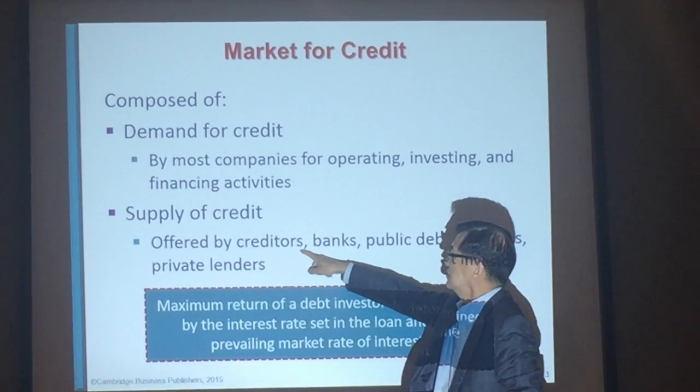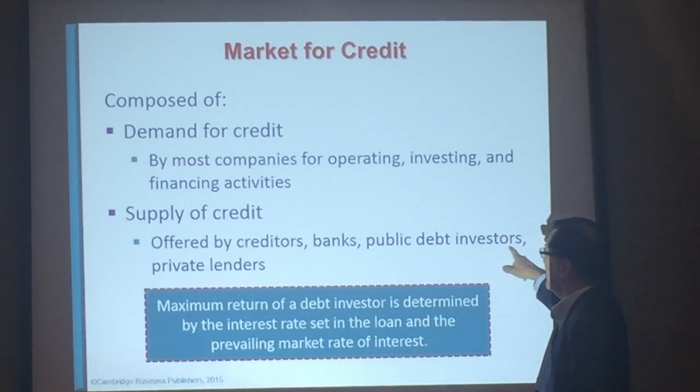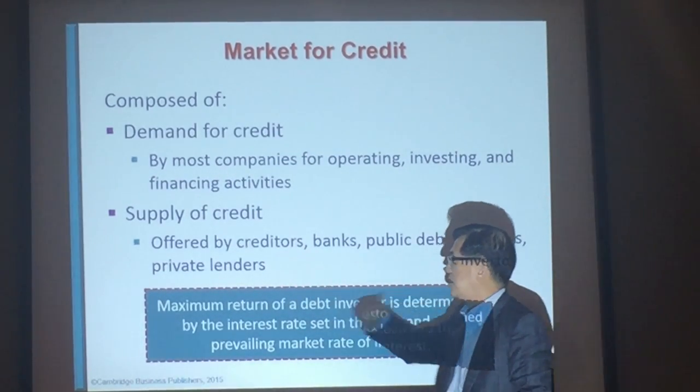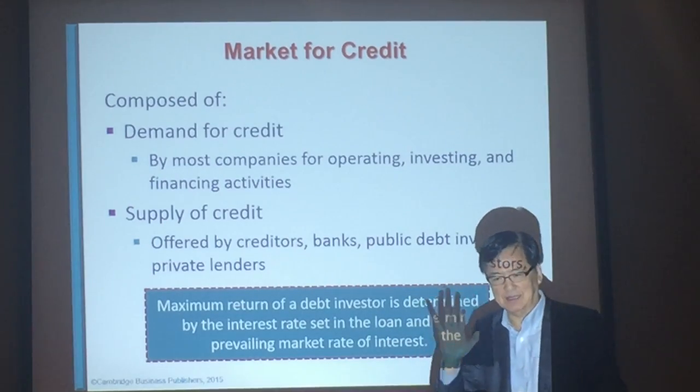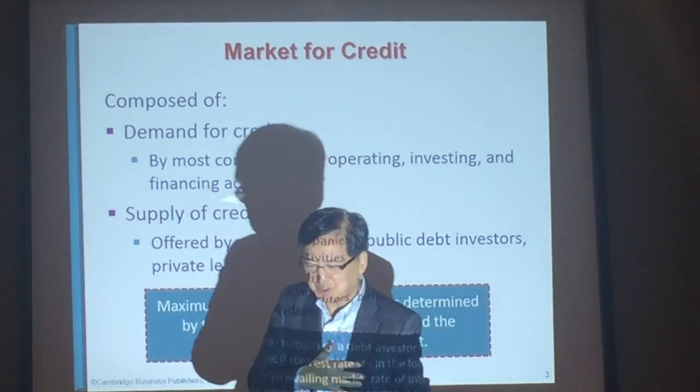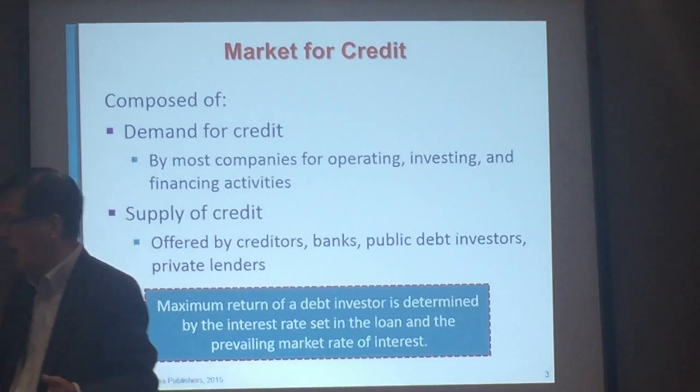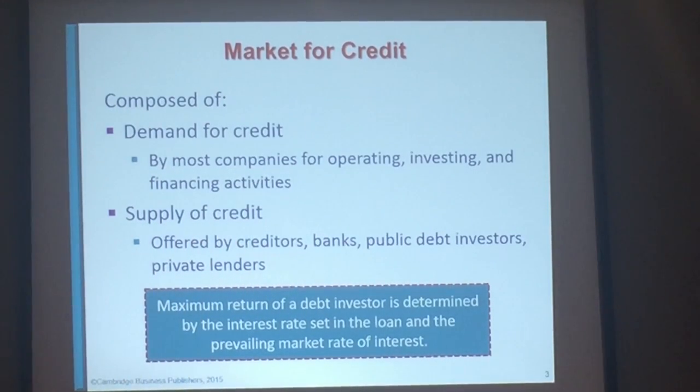Suppliers of capital: creditors, banks, public debt investors, and private lenders. The difference is this. If I purchase someone else's bond, I know exactly how much I will be making, with minimal risk of bankruptcy.